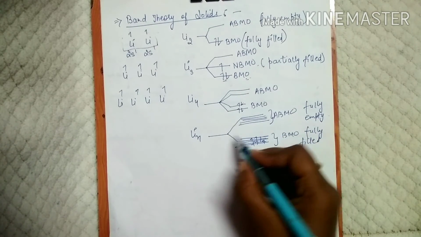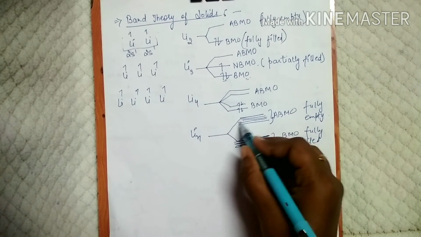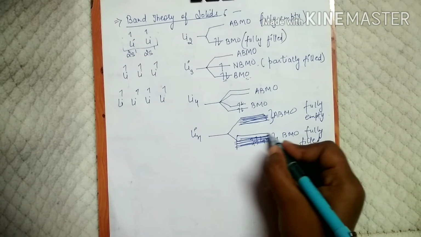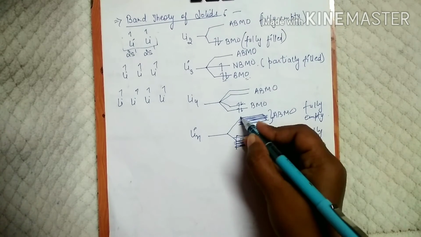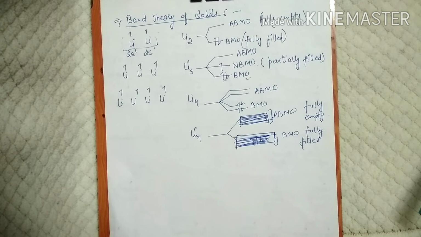So if n number of atoms are present, these are basically going to form a band. Actually two bands, one of which is going to be fully filled and one of which is going to be fully empty. So these bands are known as your valence band and the conduction band.